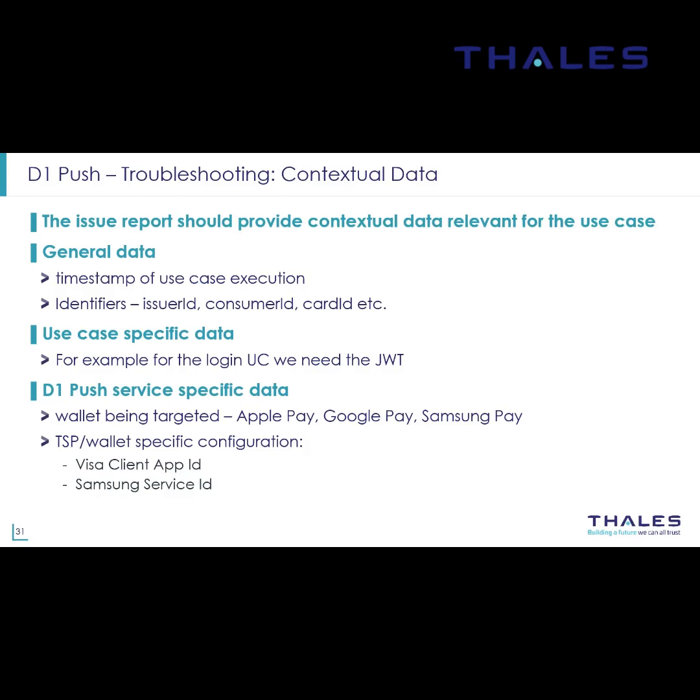Further, we would need to use specific data such as JWT in case of login, as we have frequently experienced an issue with the JWT being invalid. Lastly, for D1 push-specific issues we need to know if Apple Pay, Google Pay, or Samsung Pay is being targeted as well as wallet-specific configurations such as Visa Client App ID or Samsung Service ID if applicable.